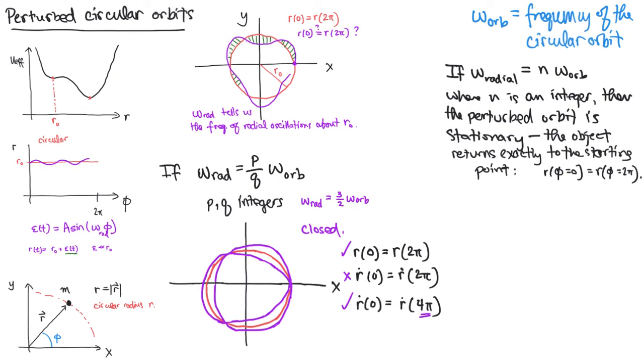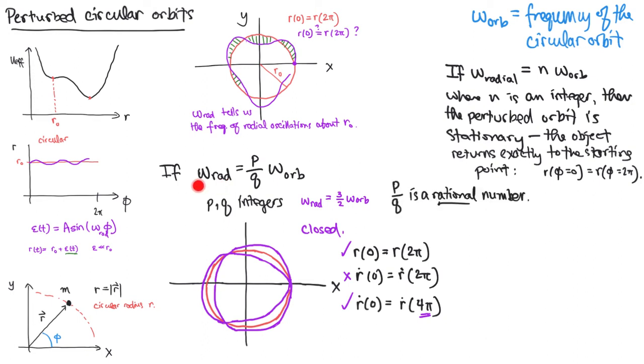So you might be wondering, are there any orbits that just simply never close? And the answer to that is yes. If you can't meet this criteria, if the radial oscillations cannot be expressed as a ratio of integers times the orbital frequency, then the orbit will never close. A ratio of integers is called a rational number.